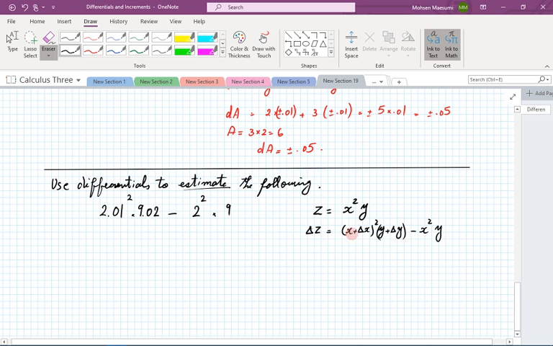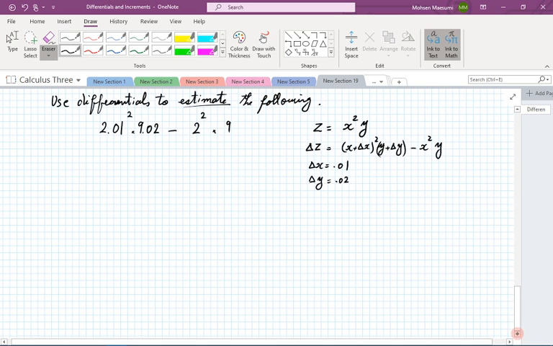So what I have written here looks the same as that, with delta x being 0.01 and delta y being 0.02. You can of course just type this on a calculator and figure it out, but that is not the intention of the text or homework problem.